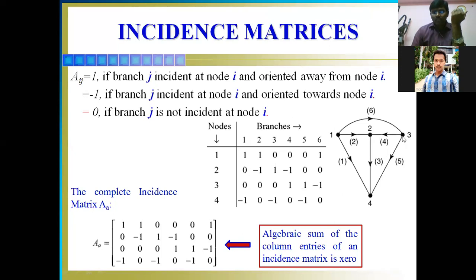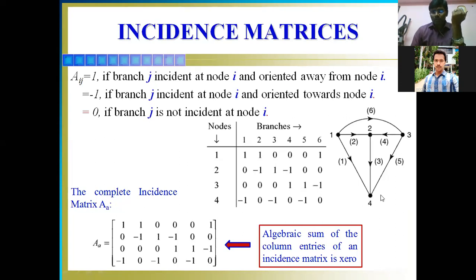Then third node, 5th element: for 5, the current is leaving, again plus. And for 6, the current is entering into node 3, so node 3, 6th element is -1.